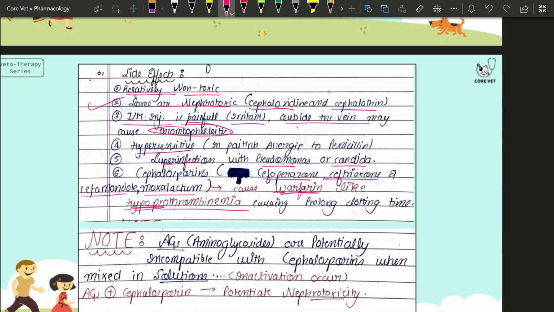When we discuss toxicology, I'll tell you about warfarin in depth too, right? So warfarin leads to conditions like hypoprothrombinemia. These particular cephalosporins that I named earlier, like cefoperazone, ceftriaxone, cefamandole, and moxalactam, all act in a way similar to warfarin and lead to hypoprothrombinemia, right? And what does it lead to? It leads to prolonged clotting time.